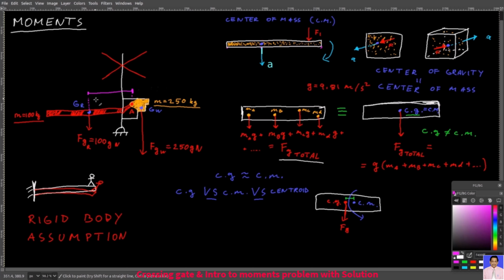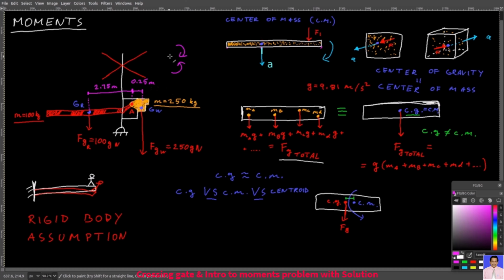The perpendicular distance between FGR and point A is 2.75 meters, and between FGW and point A, 0.25 meters. And so the fact that there are perpendicular distances between point A and the gravity forces, that makes the entire structure want to rotate either clockwise or counterclockwise.